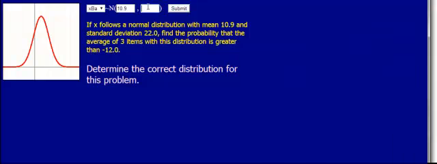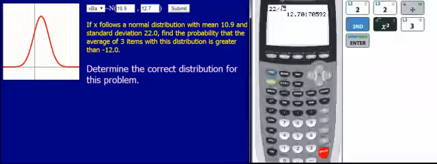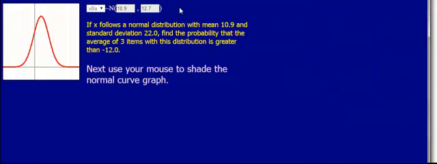So I go to 12.7. You might want a second decimal point, but the second decimal point on this one, if you noticed, was 12.70. So that's the same as 12.7. Okay, I hit submit, and it says next use your mouse to shade the normal curve graph.